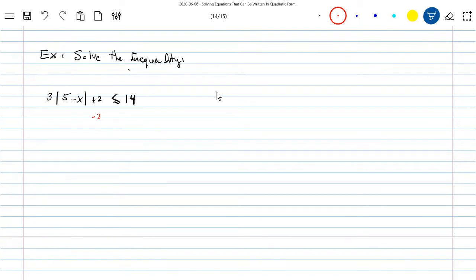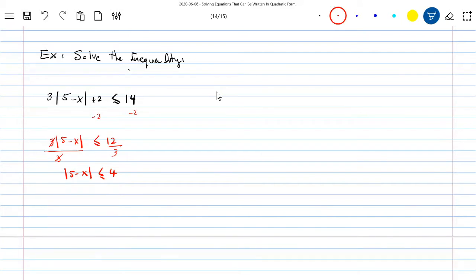And then what we have is 3 times absolute value of 5 minus x less than or equal to 12. Subtracted from both sides, this would be 12. You can divide both sides by 3. Since 3 is a positive number, I do not need to flip the inequality. So I have absolute value of 5 minus x less than or equal to 4.